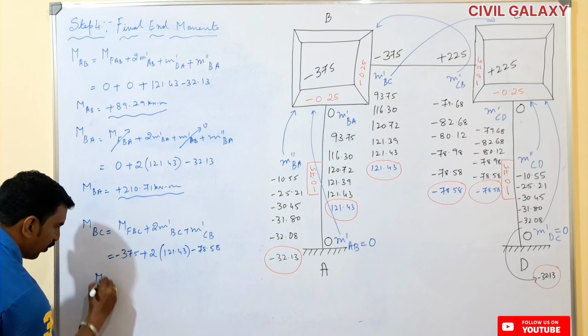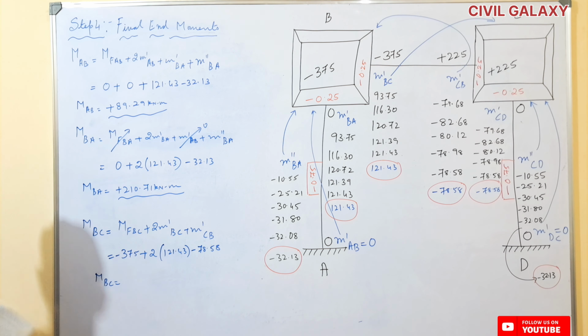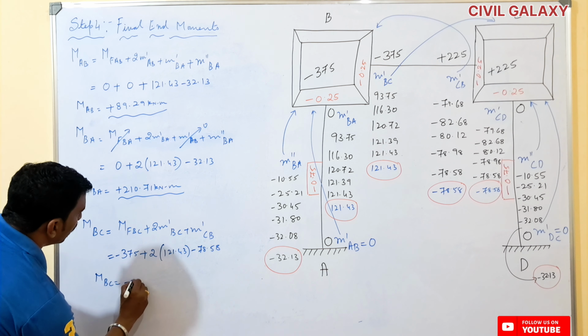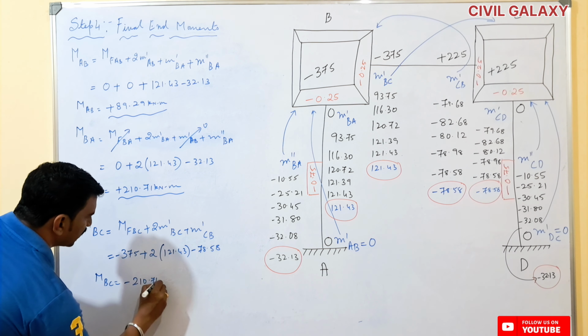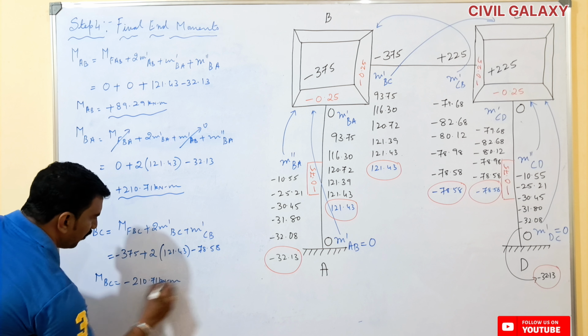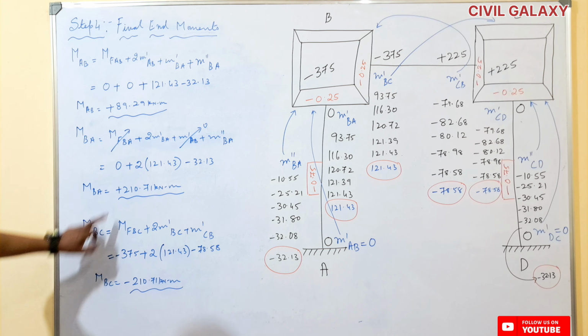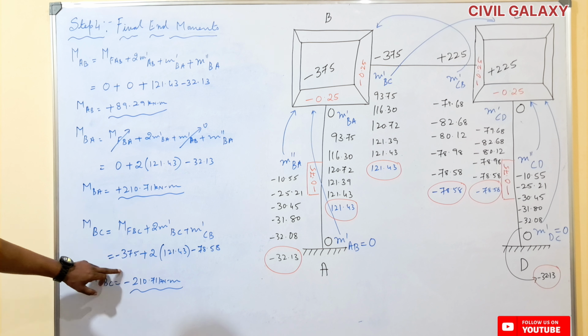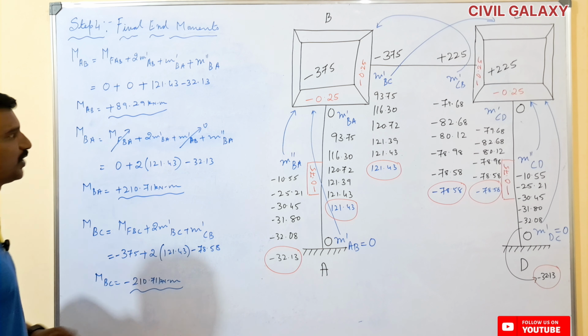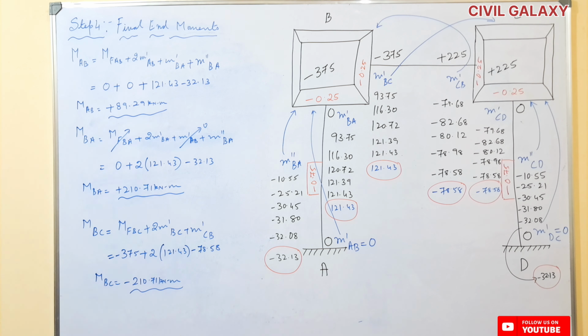So the final end moment from B to C, we are having a value of minus 210.71 kilonewton meters. So if you observe over here, from B to A and B to C, we are having a similar and opposite moment. That means the calculation is correct.